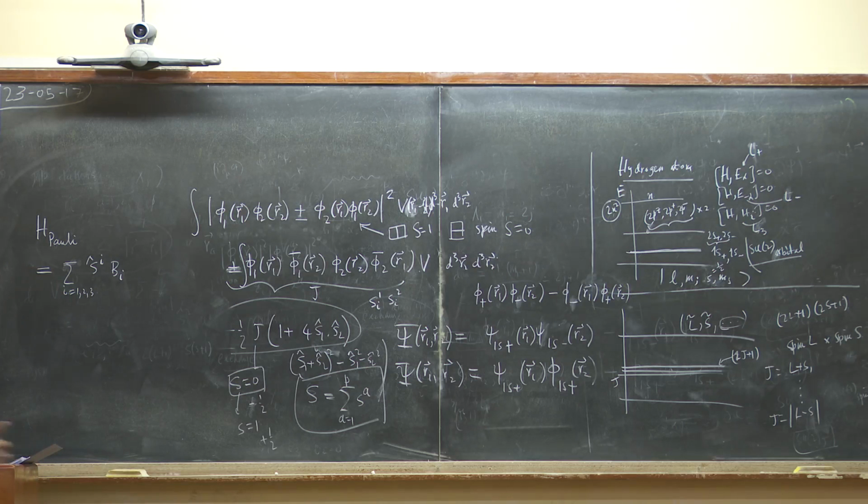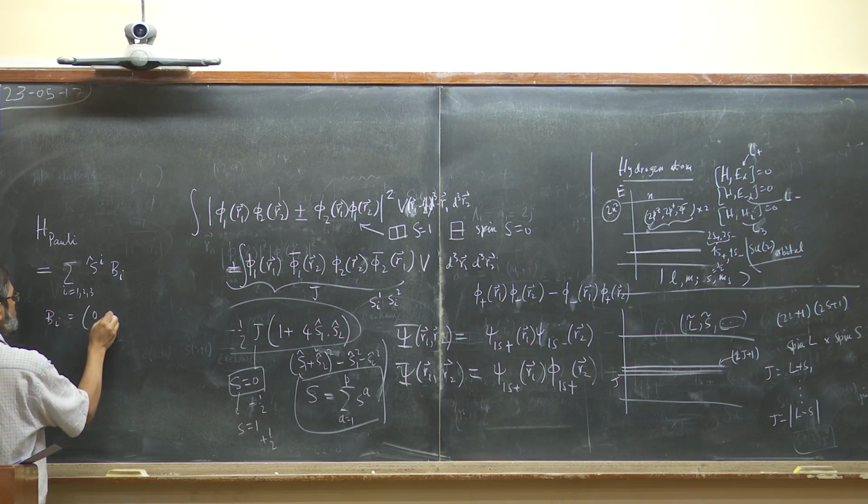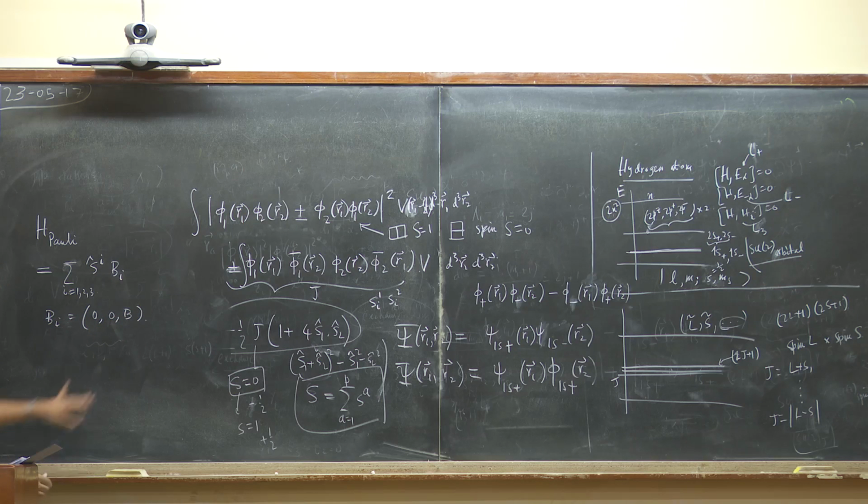This is probably one of the first examples of symmetry breaking that you find. Let us say that B is equal to (0, 0, B). Then what is the new residual symmetry? E1 or SO2. Right.